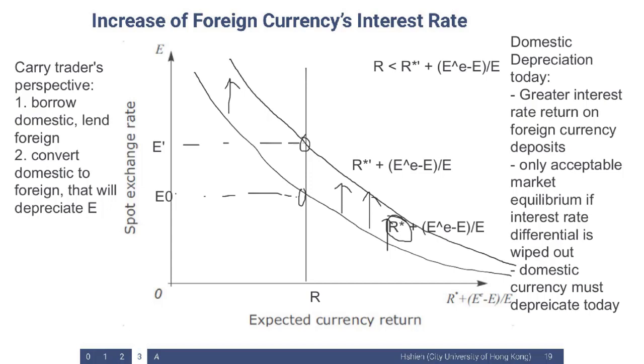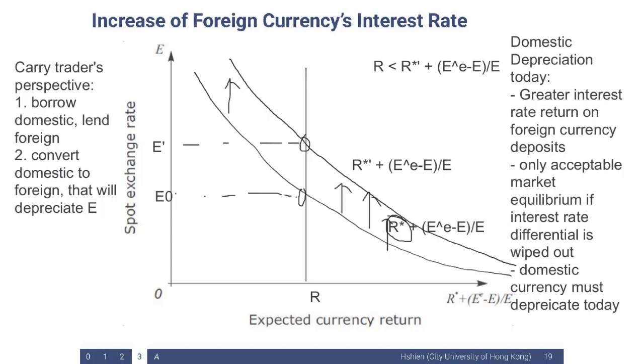All right, so let me quickly explain what's going on mechanically, or the mechanism. So an increase in E is domestic depreciation. So what's going on in terms of equilibrium sense? We have greater interest rate return on foreign currency deposits.